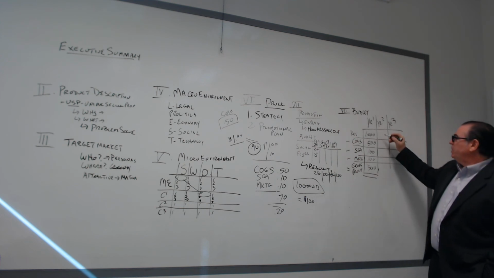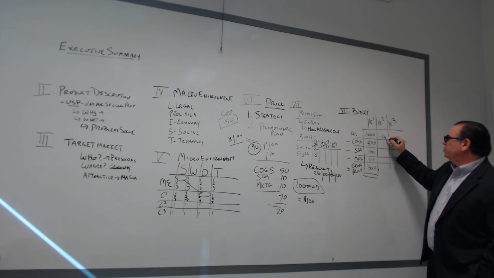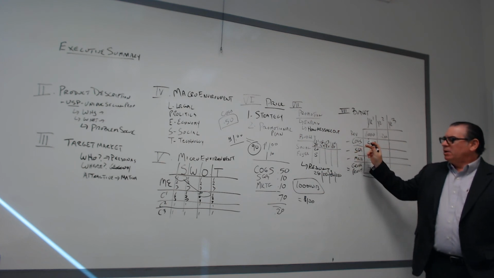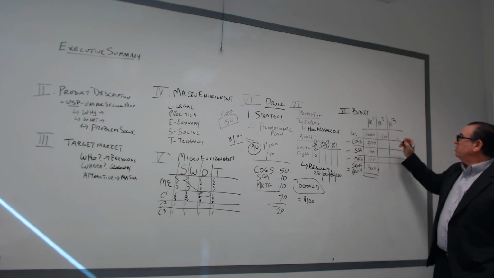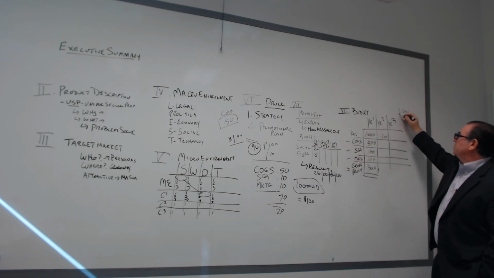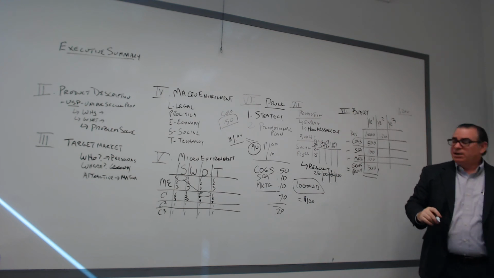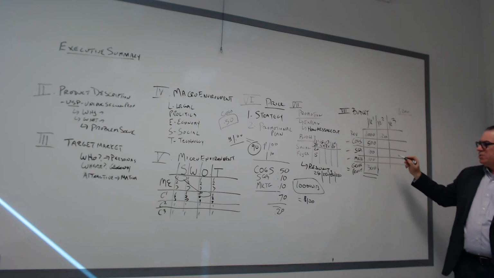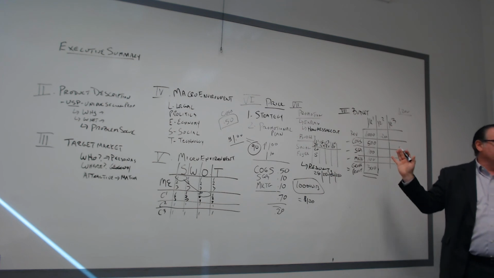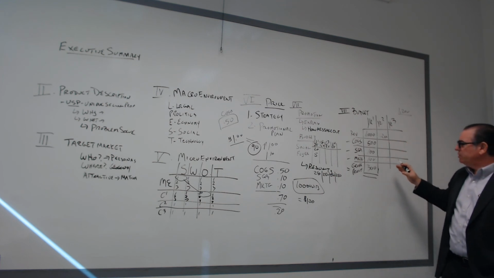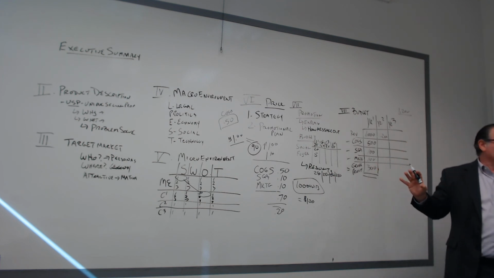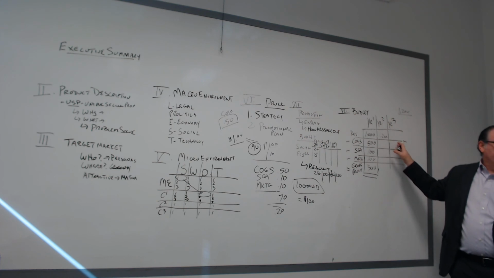So if we increase 20%, that means our revenue might be 1,200. So that means we're selling 1,200 units, right? So then we have to figure out our COGS, our SG&A, our marketing, all at the same percentages against the 1,200 units. And then we come up with our gross profit, and we do the same thing for year 3.